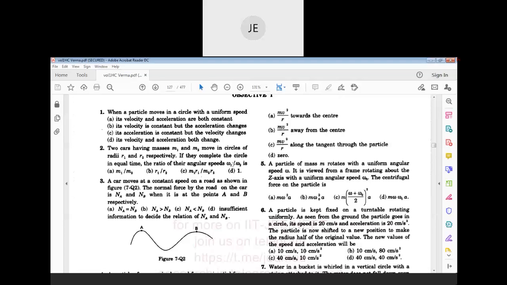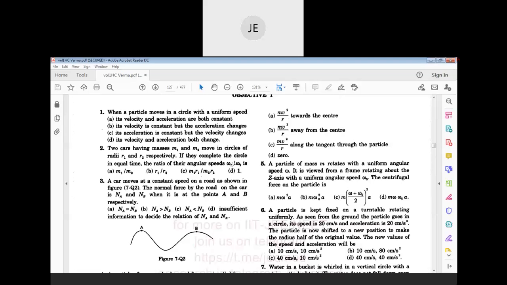A particle of mass m rotates with a uniform angular speed omega. It is viewed from a frame rotating about the z-axis with a uniform angular speed of omega naught. So we have to consider the frame from which we are observing. It is viewed from a frame rotating about the z-axis with a uniform angular speed omega naught.